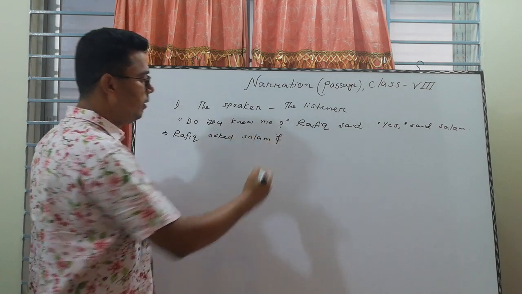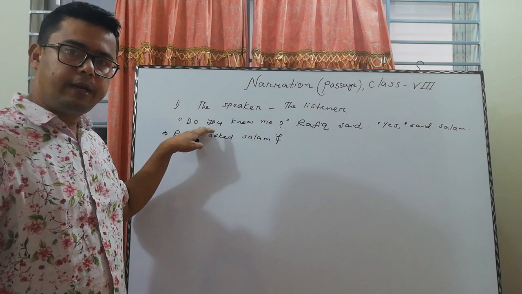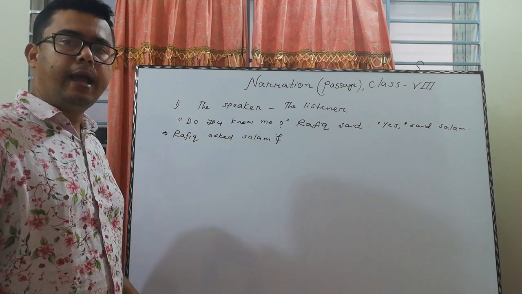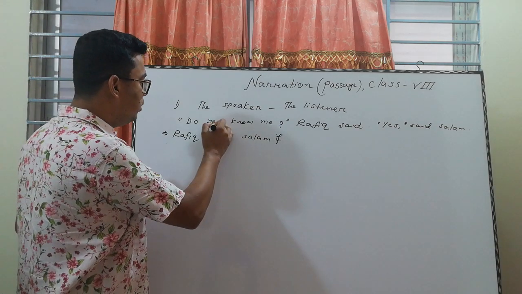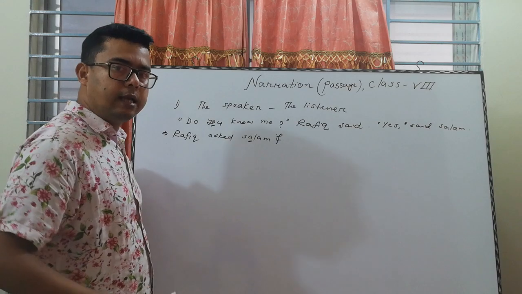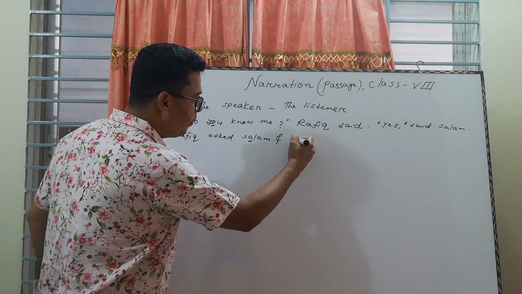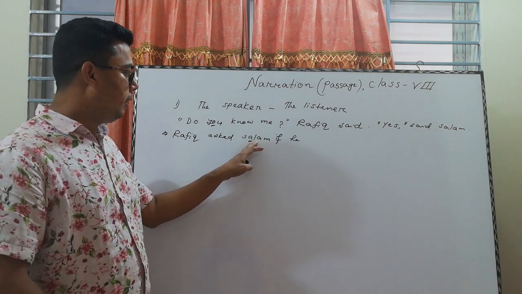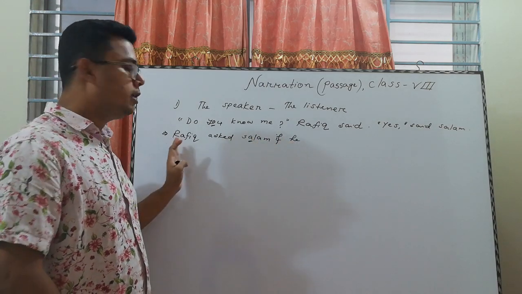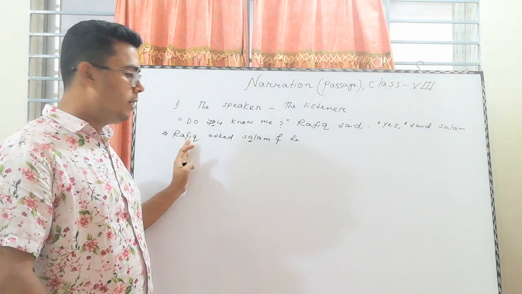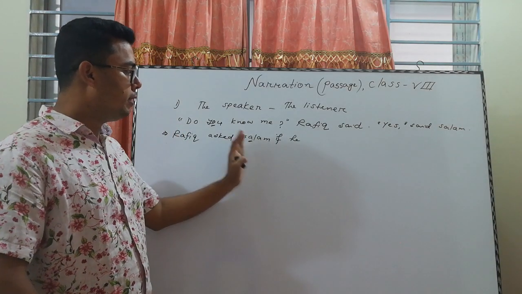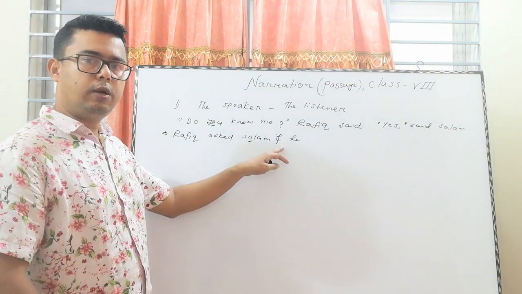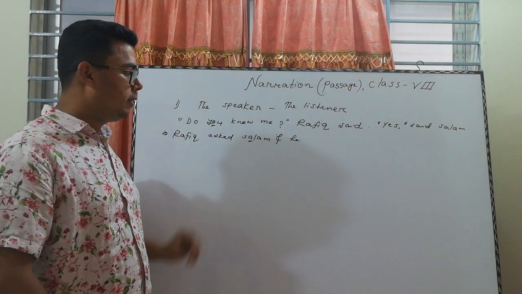The conjunction is if, as it is an interrogative sentence. So you have to convert this into an assertive sentence. "You" is converted to Salam, and Salam can be replaced by the pronoun he. Remember, he can be used instead of Rafiq also. That's why if the same pronoun he refers to different nouns, you have to use the name of that person.